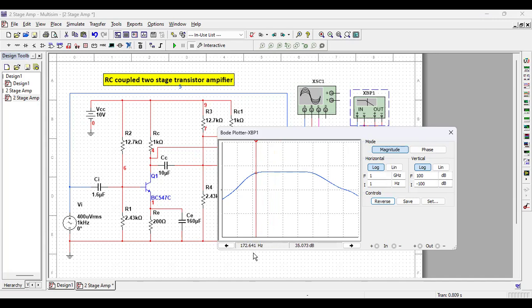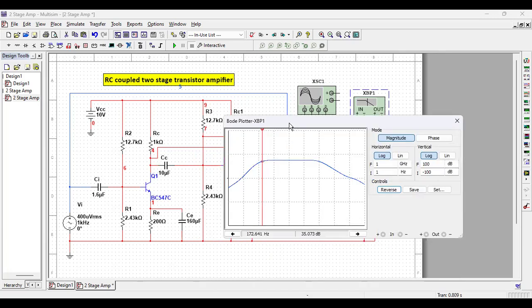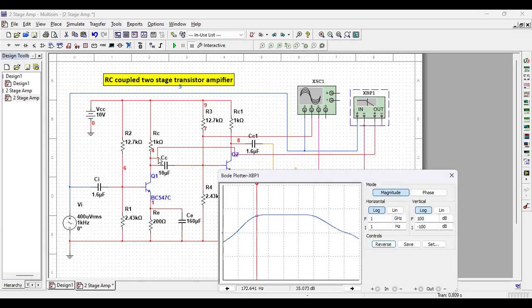And lower cutoff frequency is 172.641 hertz, let's say 172 hertz. So this is the lower cutoff frequency of one single stage. Now let us see what is the lower cutoff frequency when both stages are connected. So this is 172. Remember this figure, 172.